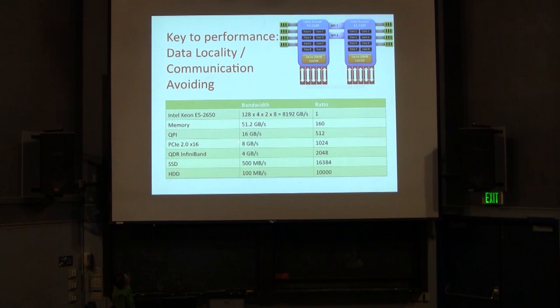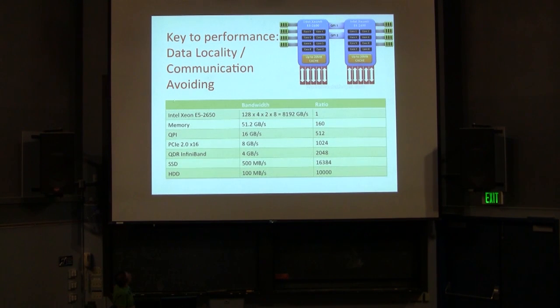And this PCIe bandwidth is also much slower, which is very important because both the GPU and the Intel Xeon Phi communicate with the CPU through the PCIe link. Also, we're talking about a supercomputer, so we're doing a lot of message passing between the nodes.